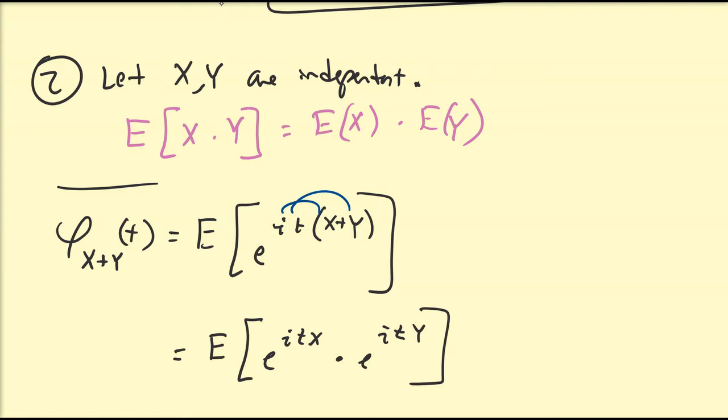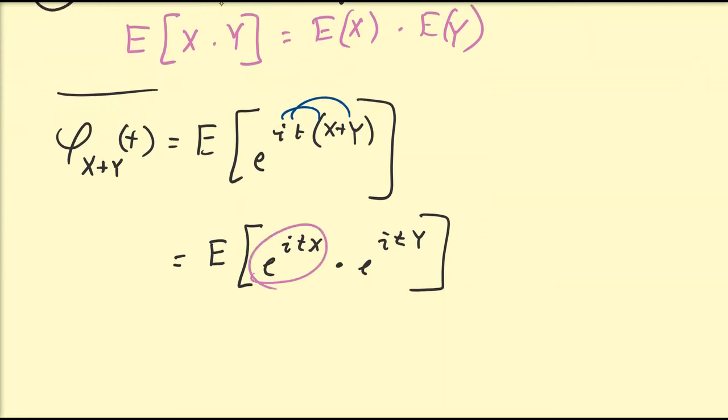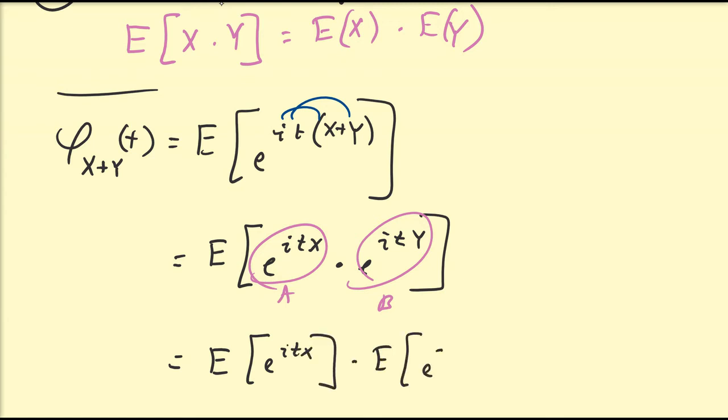Since these are exponentials, we can just add those exponents together and decompose it there. So this is a random variable a, this is a random variable b. If x and y are independent, a and b are also going to be independent as well, since they only vary by some exponential term, which is a constant. So that means this is going to be equal to the expectation of e to the itx times the expectation of e to the ity.